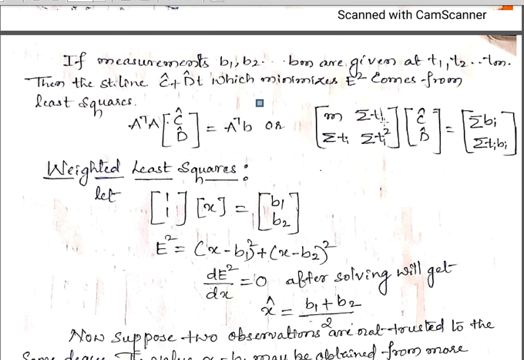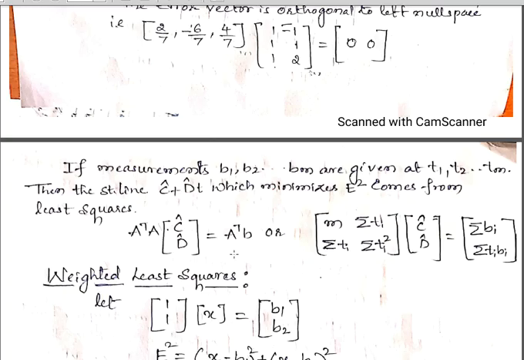So the sum of all these Ti's would be the second term in that row, and the sum of all these Ti's would again be there in the first column, and the sum of Ti square will be this element. So we can find it in that way, and A transpose B is nothing but the summation of Bi and the summation of Ti Bi. By using this also we can find it.